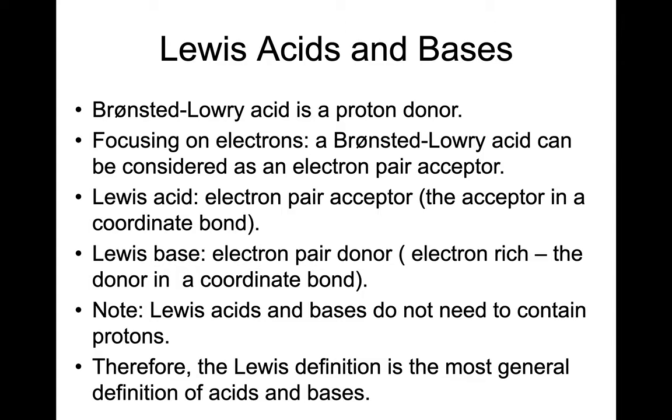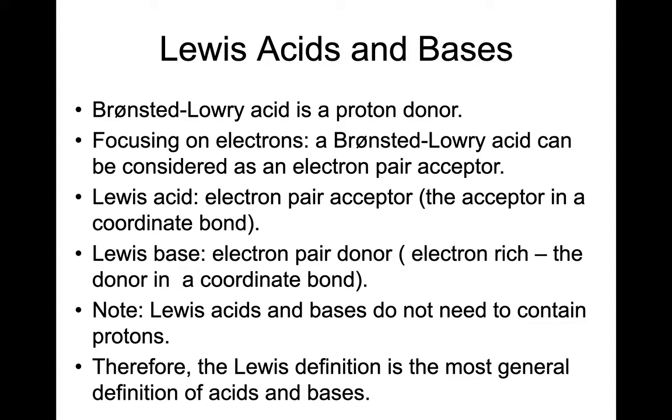All right, which brings us to our last definition here. One more definition of acids and bases to add to our knowledge. We had two so far. We talked about the Arrhenius definition of an acid and a base, which said that acids create hydrogen ions, bases create hydroxide.